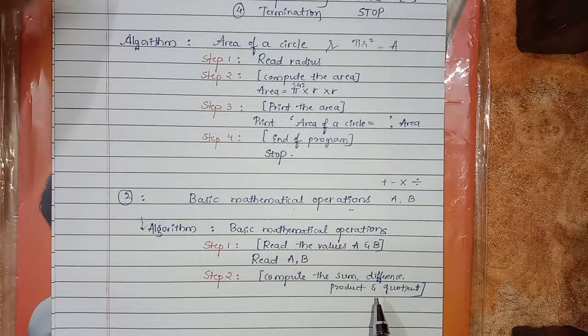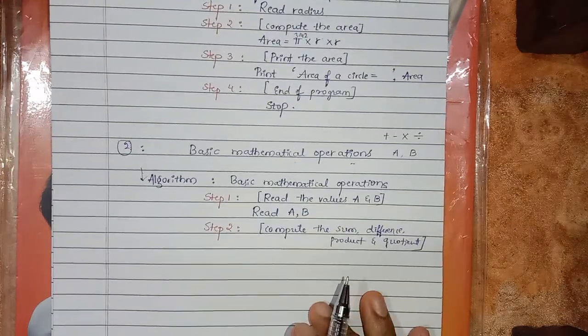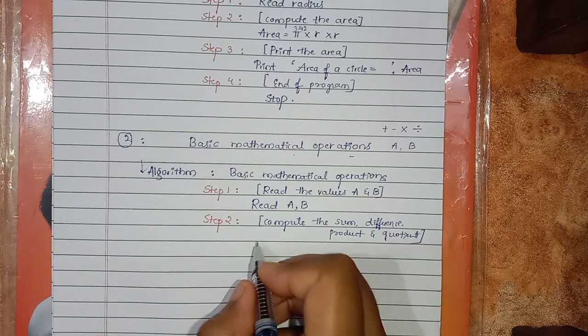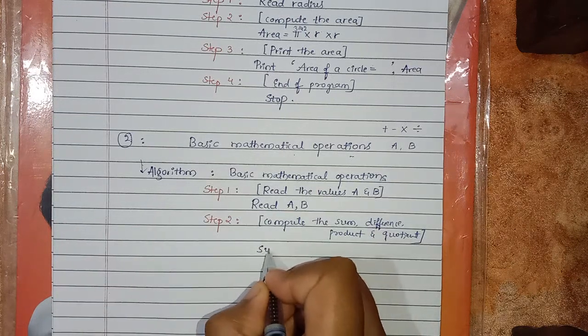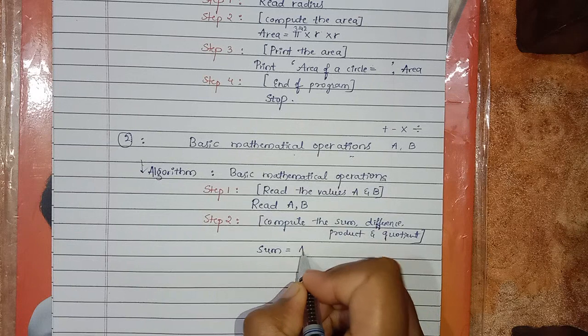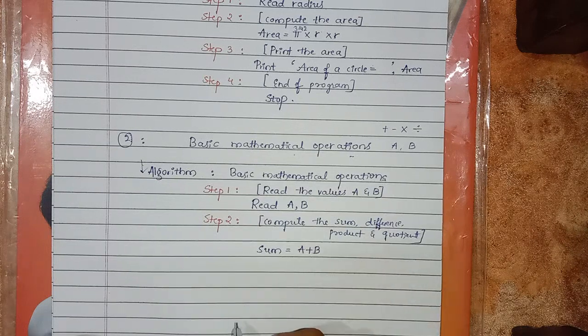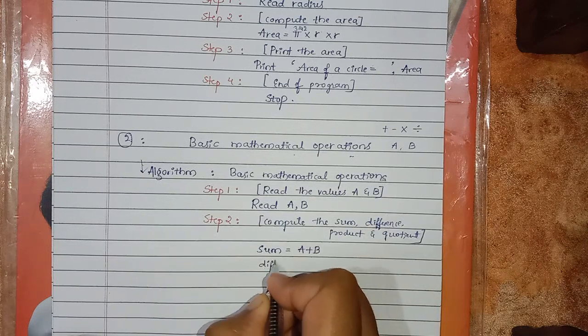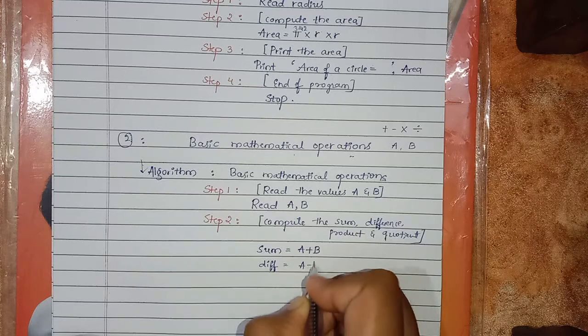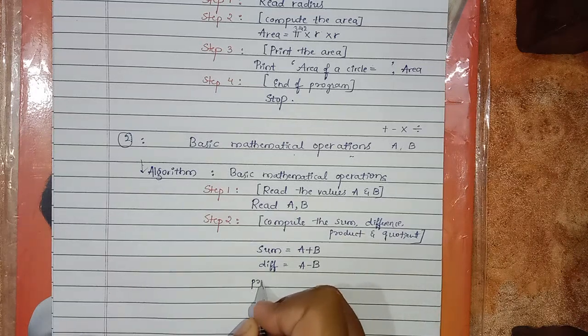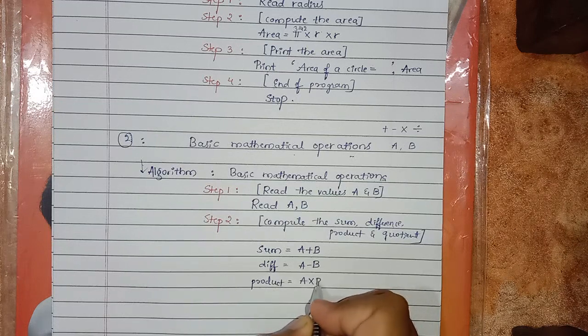So what is the step of the algorithm you have to write? How you have to write the step in the algorithm? See here. Sum equal to a plus b. Difference equal to a minus b. Product equal to a into b.